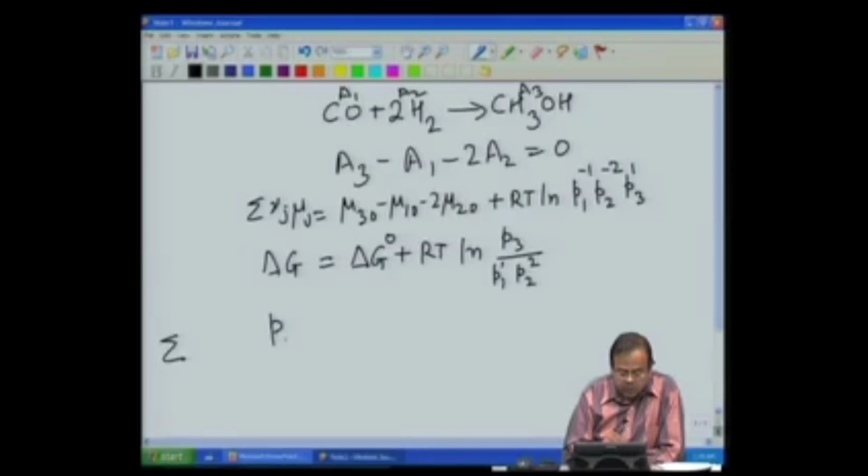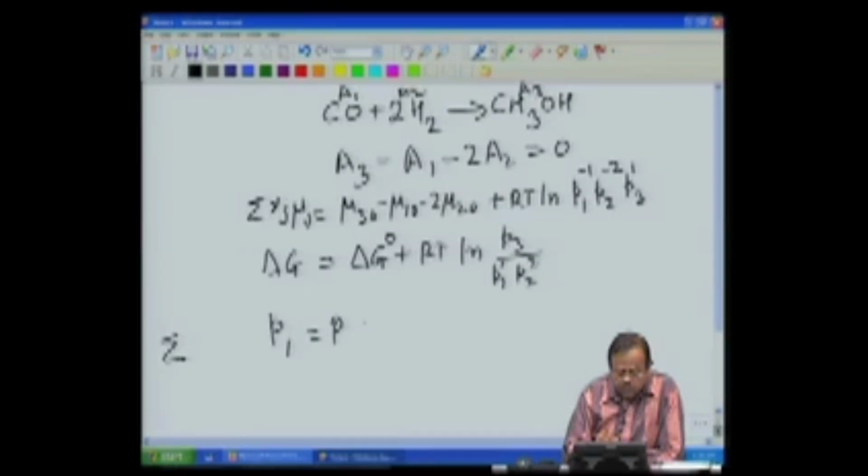What is my partial pressure P1? Total pressure into Y1, total pressure into N1 by Nt, and similarly all other species.